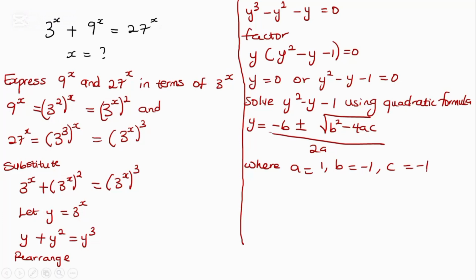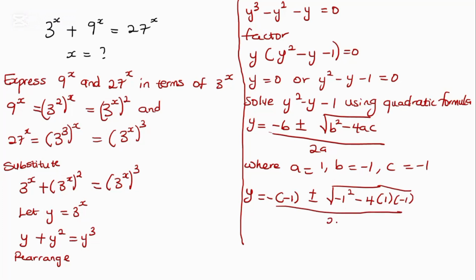So by solving this out, y is equal to, in place of negative b we have negative of negative 1, plus or minus the root of negative 1 squared minus 4 times 1 times negative 1, all over 2 times 1.